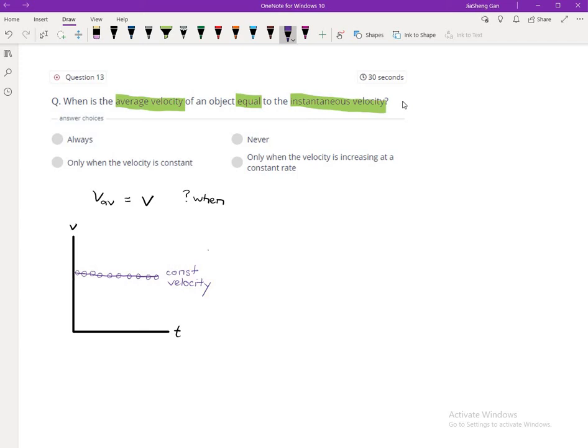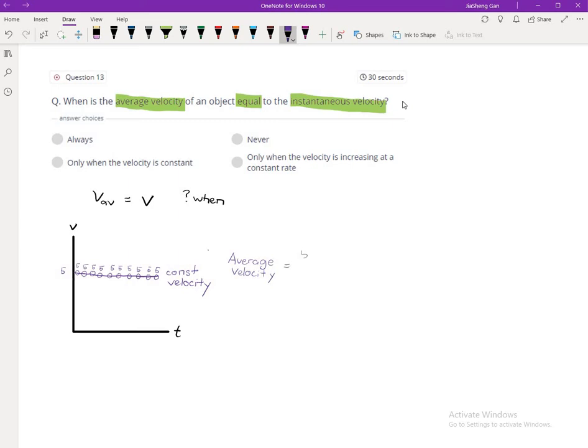Okay, so if here it's 5 meter per second, then instantaneous velocity here is 5. It's also 5 here. It's also 5. At all time, the instantaneous velocity keeps constant at 5. So if you take the average velocity, average means you get the average, right?